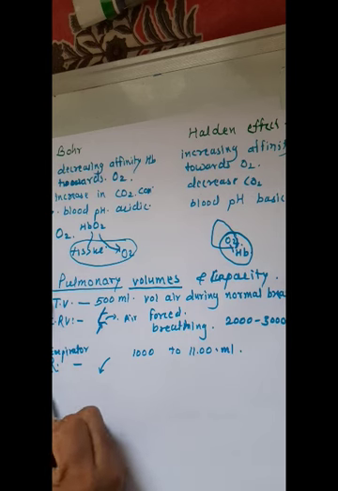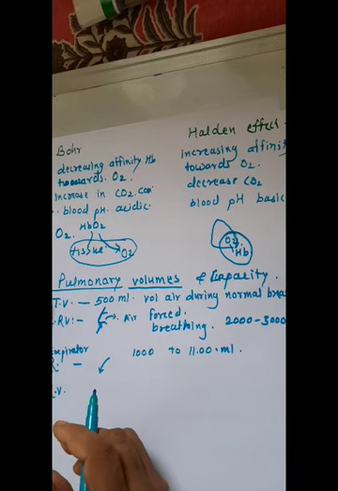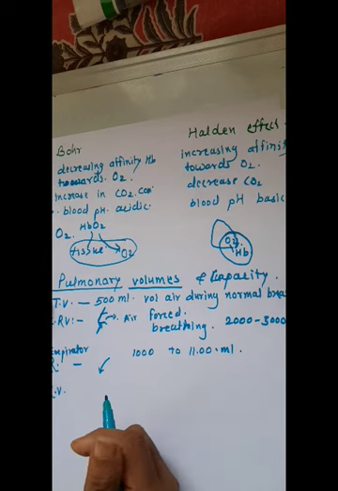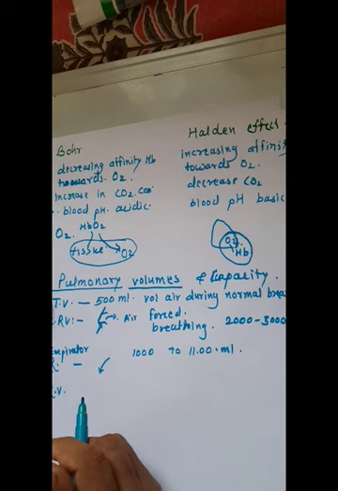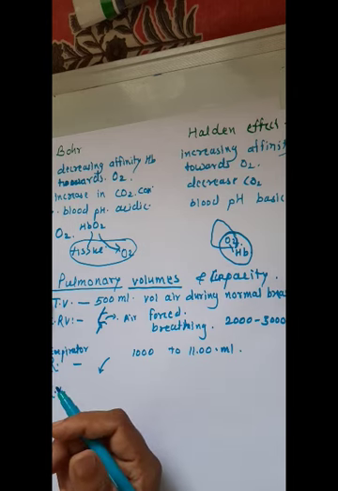Then the residual volume, RV. Residual volume is the volume of air left in the lungs after expiration.